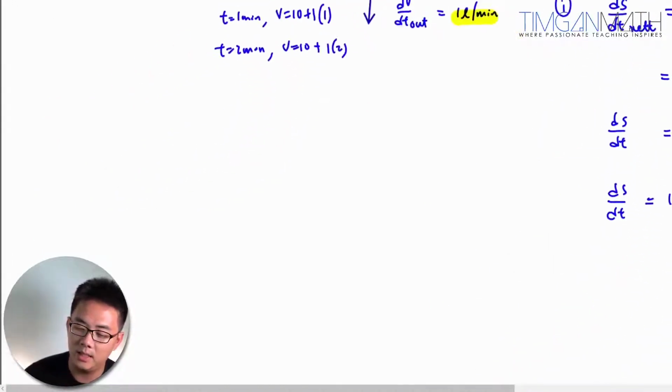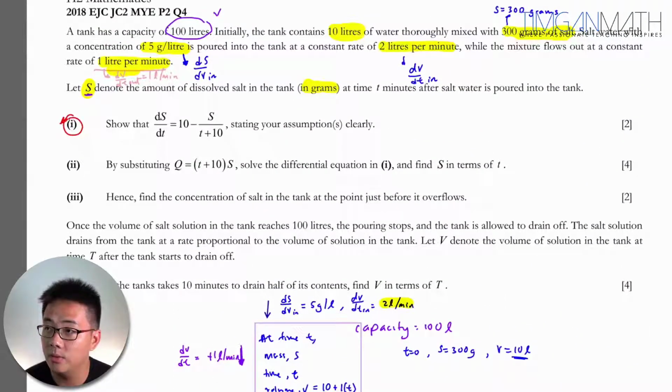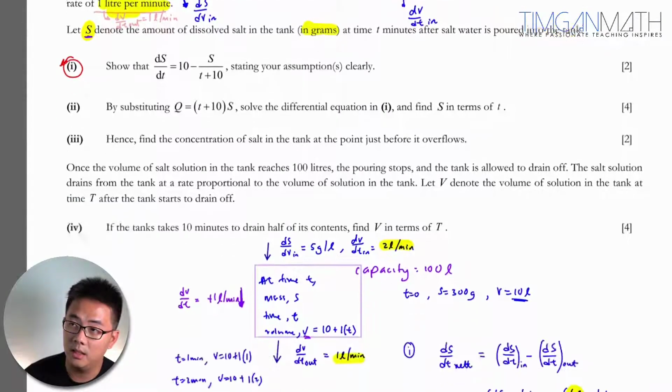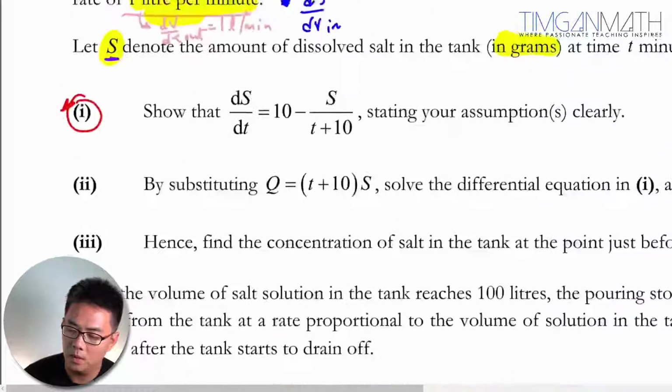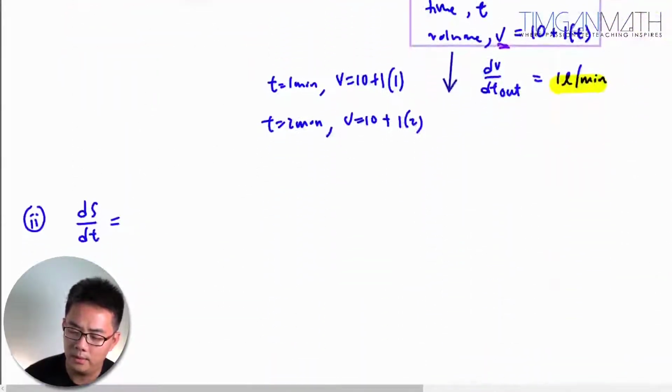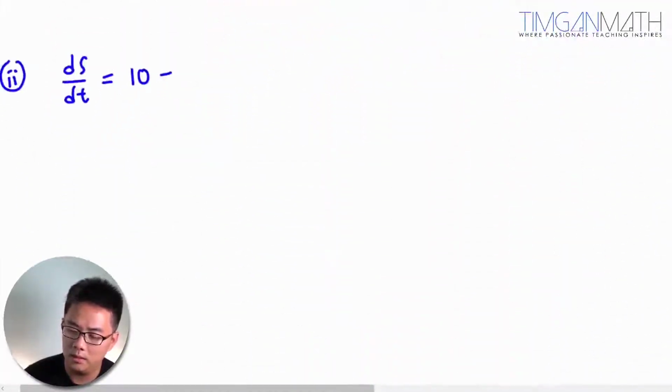The second part is basically asking you, by means of substitution, to find S in terms of t. So I'm just copying dS/dt equals 10 minus S over t plus 10, right?